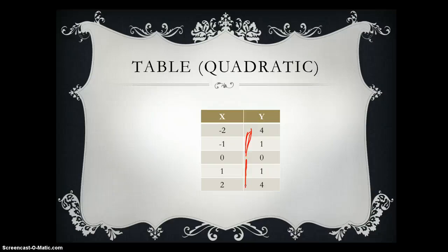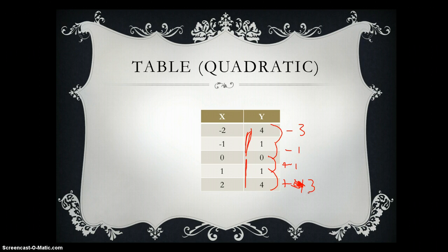But if we look at our first difference between 4 and 1, negative 3. Between 1 and 0, negative 1. 0 and 1, positive 1. Notice that before, as we're getting smaller, it's negative. Now when we're getting bigger, it's positive. And, I'm sorry, instead of plus 4, it's actually plus 3.